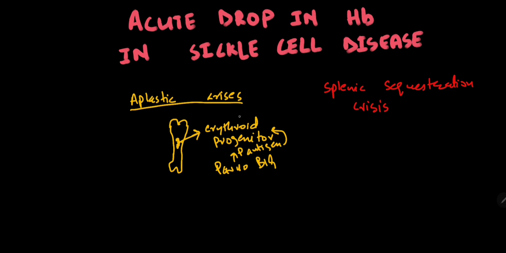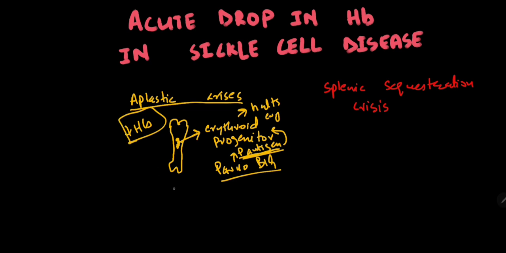So it halts erythropoiesis by using the P antigen. So patients who lack the P antigen will be immune to parvovirus B19. Those who have the P antigen, the parvovirus B19 will actually halt erythropoiesis by inhibiting the erythroid progenitor cells using the P antigen. So this will result in obviously decreased hemoglobin because there is no erythropoiesis.